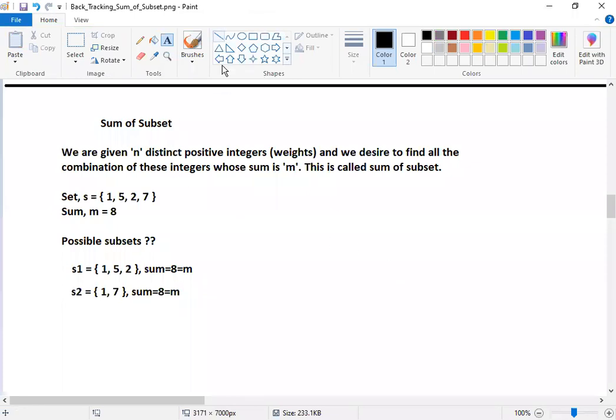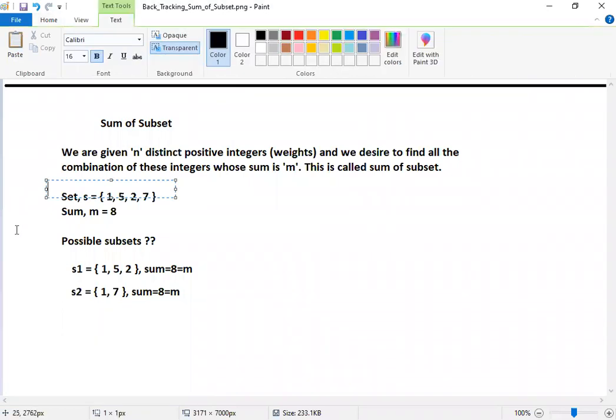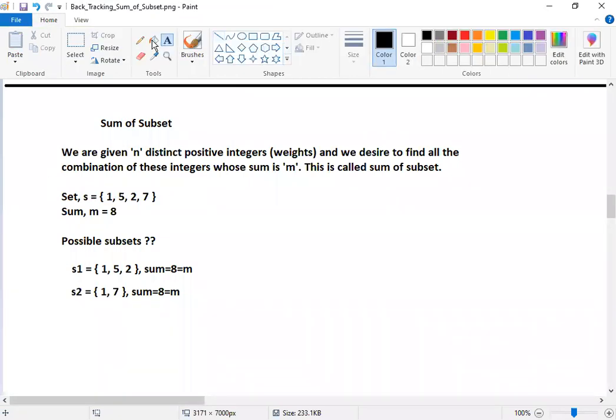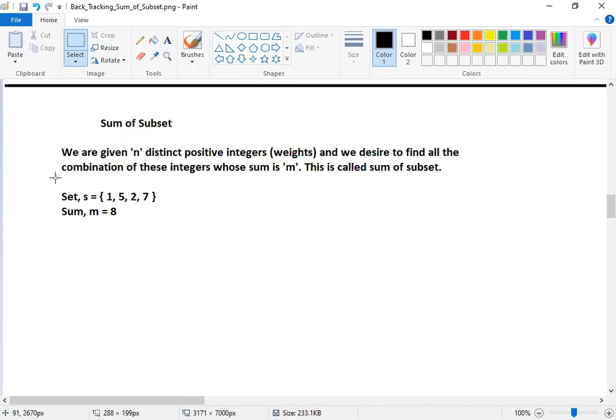We know that in the backtracking, we make use of the state space tree, right? Yesterday in Hamiltonian cycle, we have seen how we can draw the state space tree for a given graph. Let us try to understand and try to draw the state space tree for this sum of subset problem.